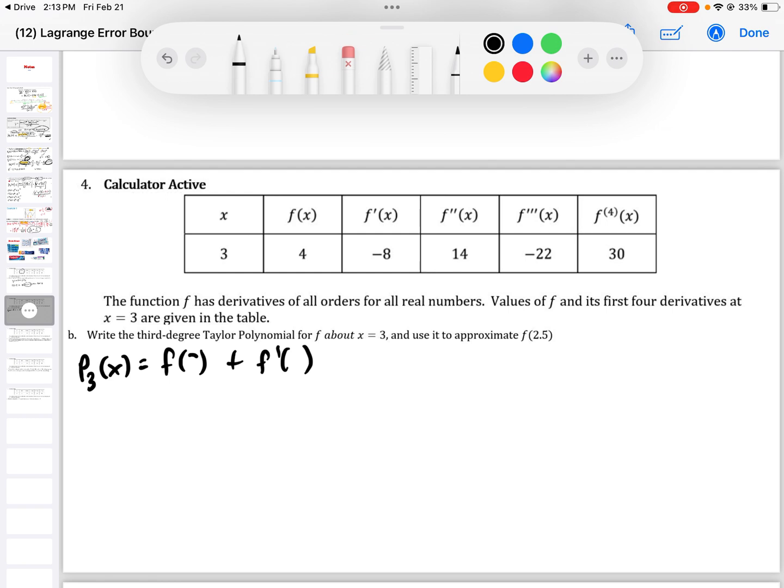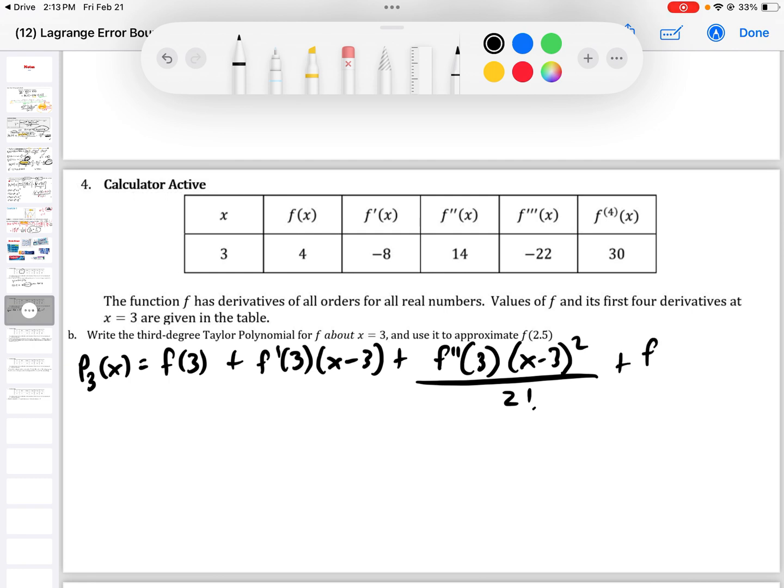So we'll say c is 3, right? So this would be f of 3 plus f prime at 3 times x minus 3 plus second derivative evaluated at 3 times x minus 3 squared over 2 factorial plus the third derivative evaluated at 3 times x minus 3 to the third power all over 3 factorial.